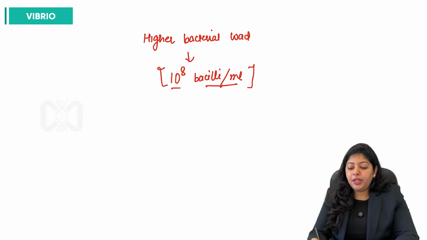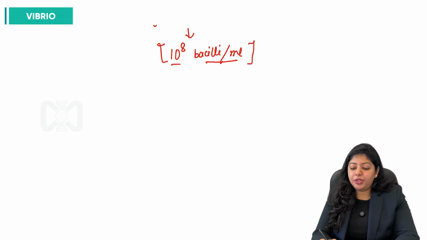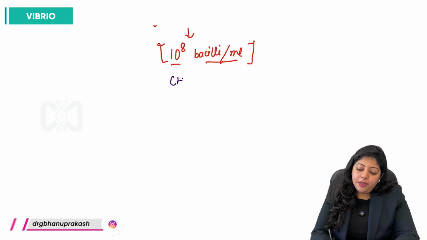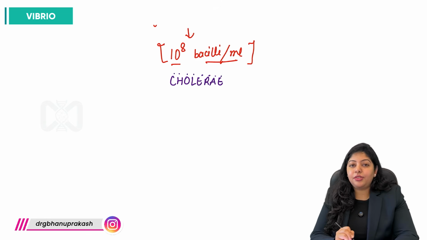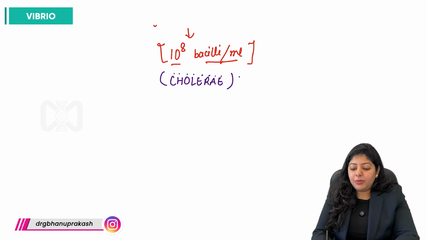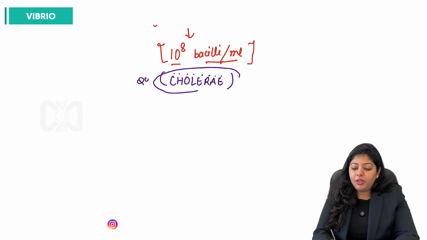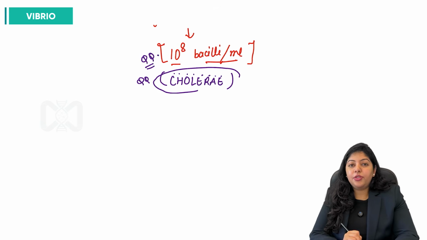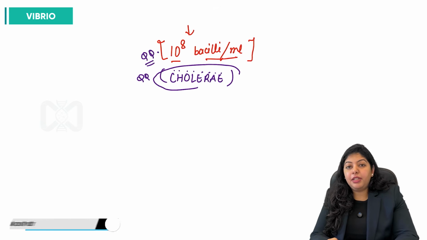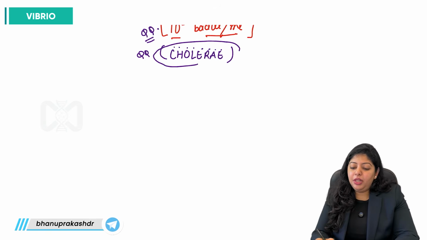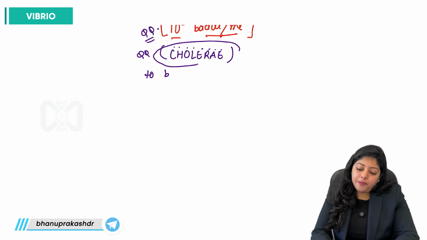So how do you remember that? I'll tell you how I remembered it. Cholerae has 8 letters. So naturally this becomes the mnemonic, and this becomes easier for you to remember. It requires 10 to power 8 bacilli per ml to bypass the stomach acid barrier.